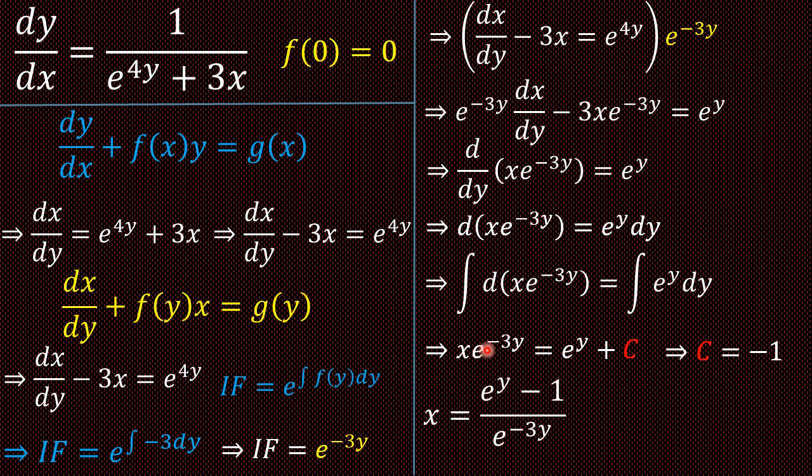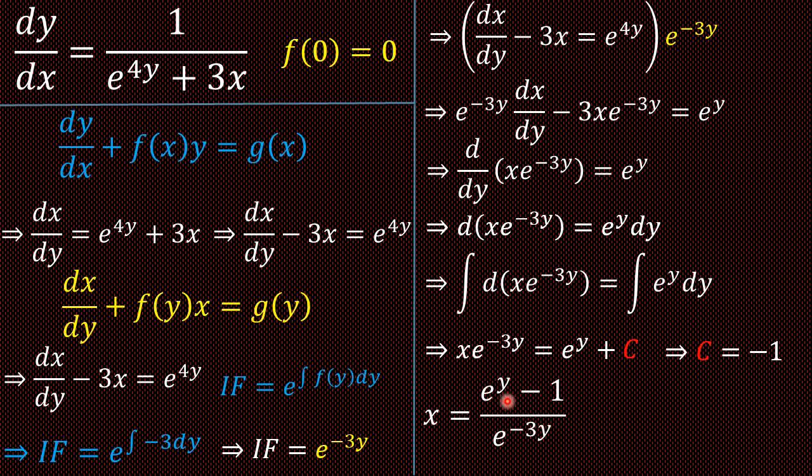So now we simply bring c to be -1 into this our equation. We are now going to divide all through by e raised to the power -3y. Good. Because we are going to input this our c as -1, and we divide all through by e raised to the power -3y. So we are going to have this, because c is -1, e raised to the power y stays the same. Now friends, we see that we could simplify further.